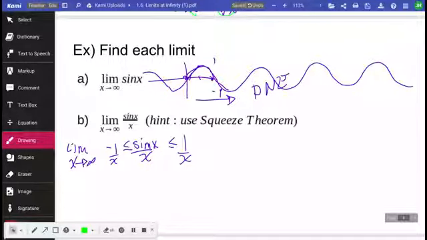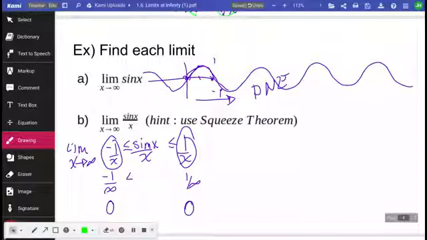I can take the limit of just this side, negative 1 over infinity, and I'm going to get 0, right? And I can take the limit of just this side, and I'm going to get positive 1 over infinity, which is still just 0. But this whole time, sine x over x is still in between it.